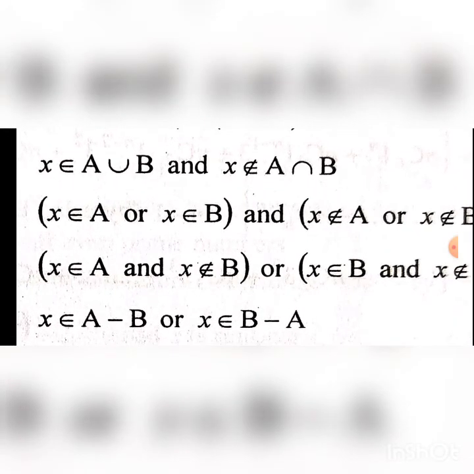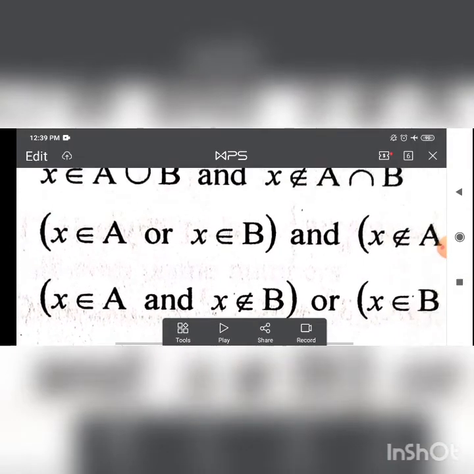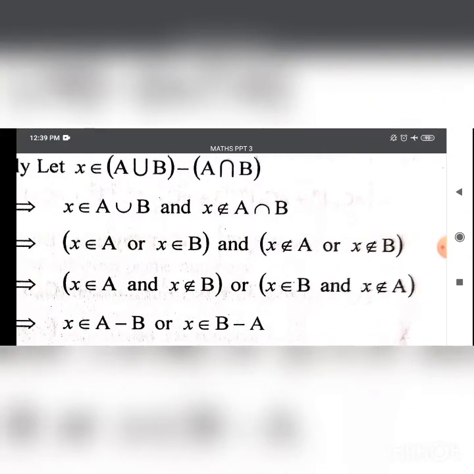So similarly we only change the grouping. We create grouping according to our theorem. So firstly we group x belongs to A from the first bracket, and we take x does not belong to B from the second bracket.